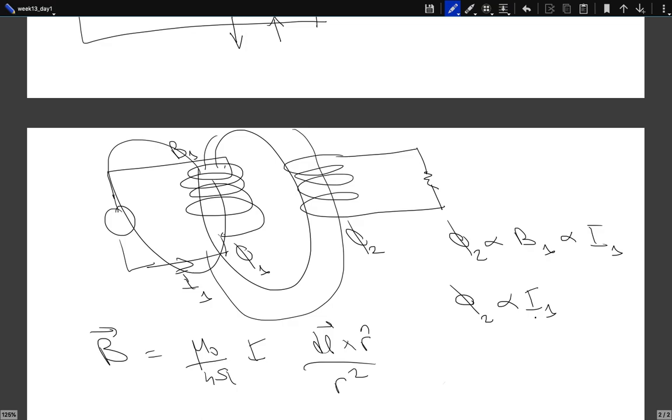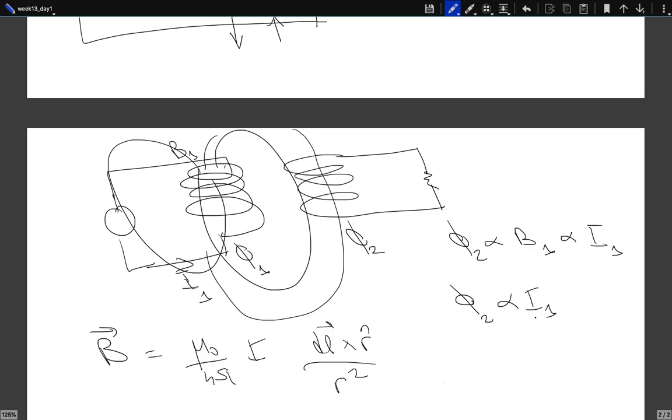Just like in the case of the capacitor. You see what we had in the case of the capacitor. If you put some charges in the capacitor, you create a potential difference. And that potential difference is always proportional to the charge in the capacitor, unless you change the shape of your capacitor. And that proportionality constant depends on the shape. Well, more or less a similar thing will happen over here.